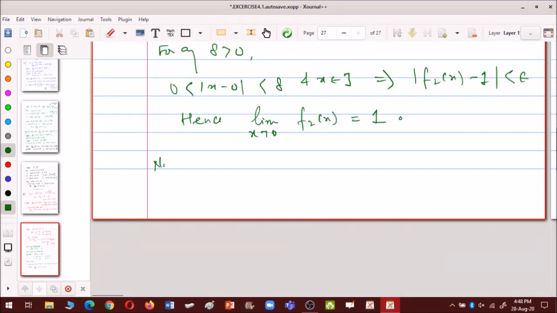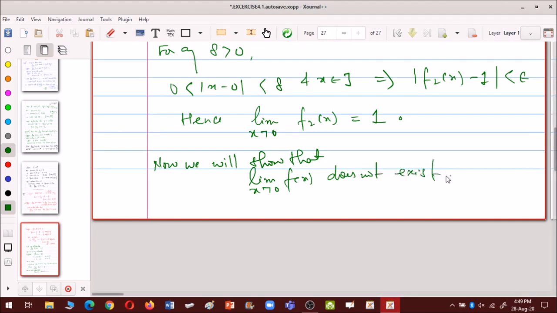Now we will show that limit x tends to 0, f(x) does not exist. For this we have to give an epsilon greater than 0, or we can construct a sequence.